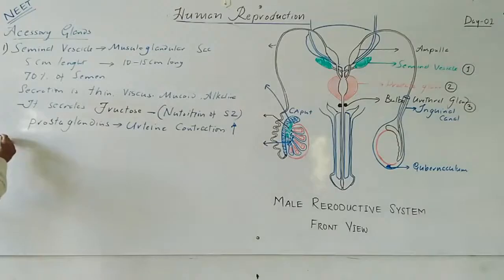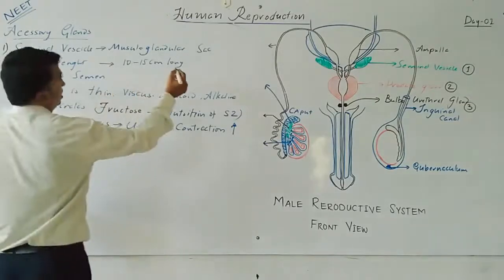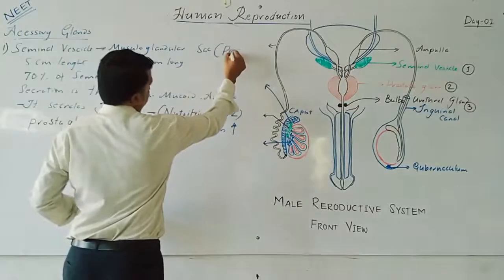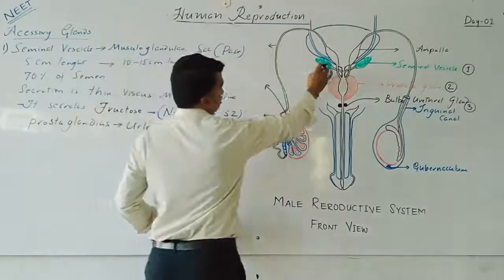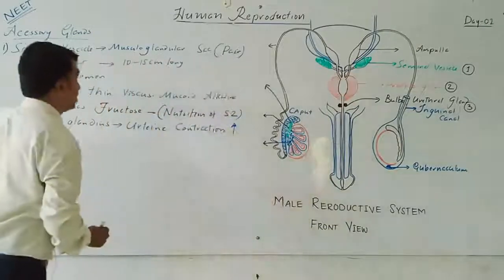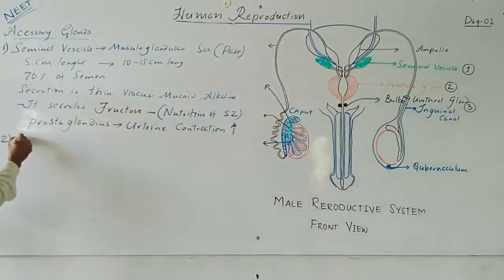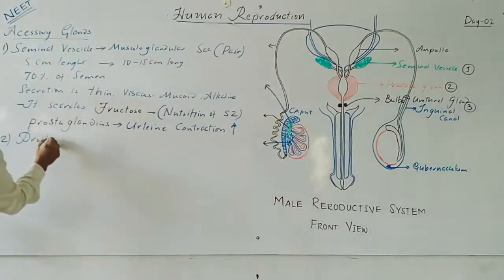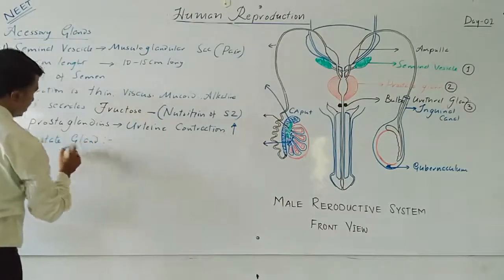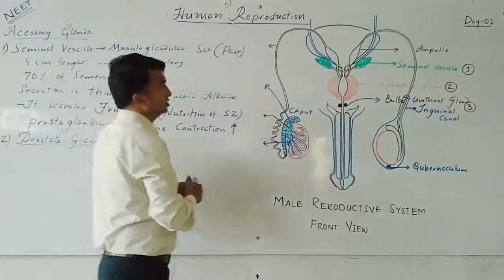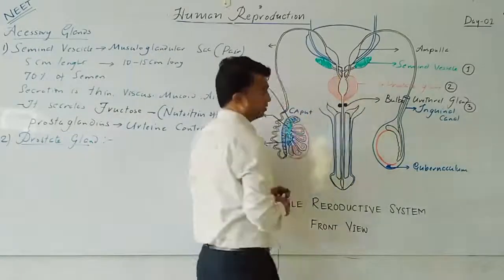Next is the second one, the prostate gland. The seminal vesicles are paired, two of them, this is one and this is another. The prostate gland is a reddish structure, and it is a larger one.